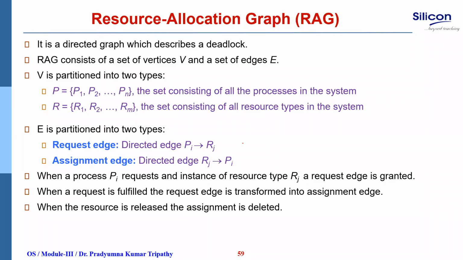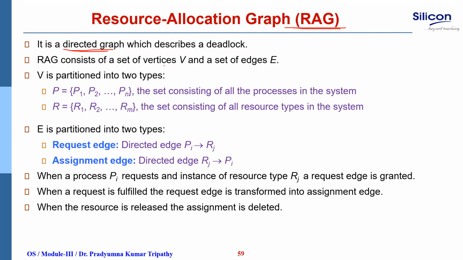There is a graph which is used for deadlock detection, called the resource allocation graph, or RAG. The resource allocation graph is a directed graph.